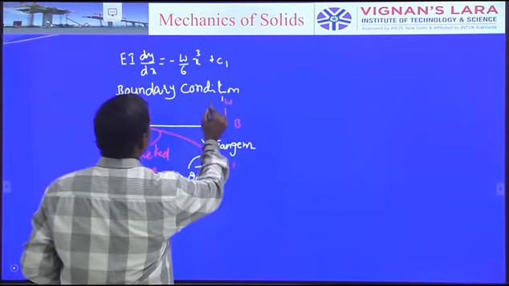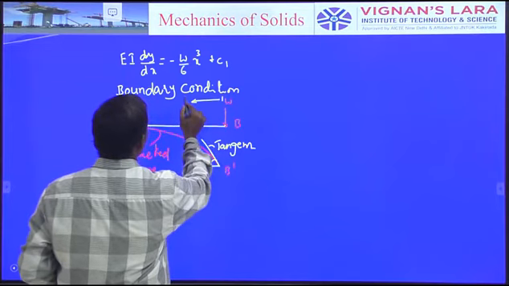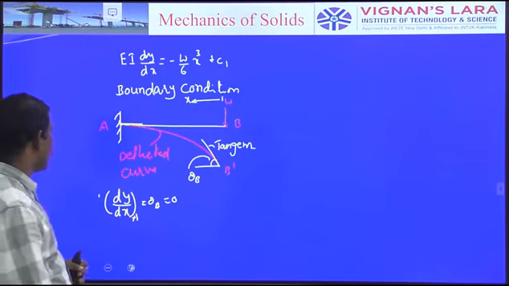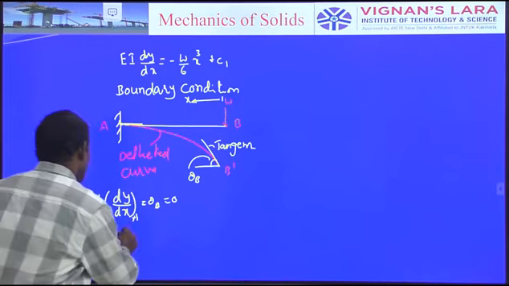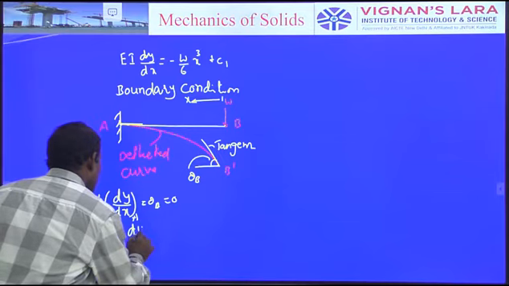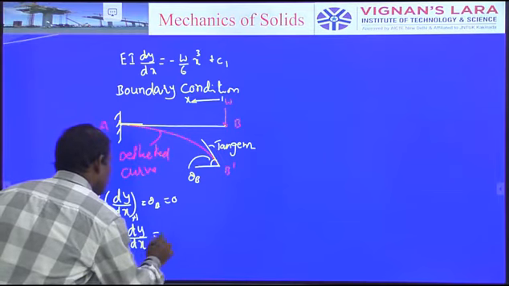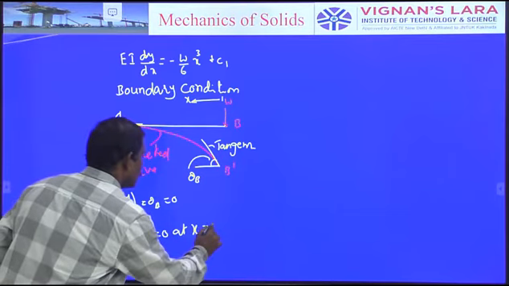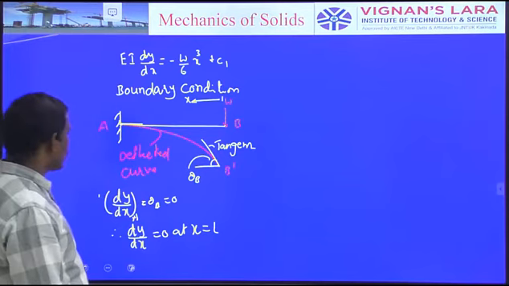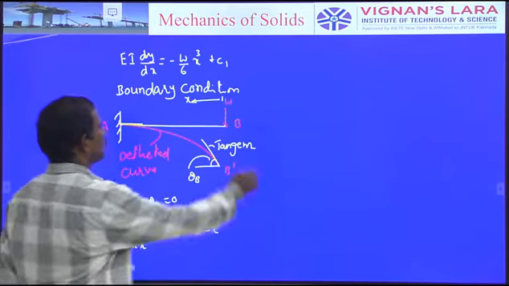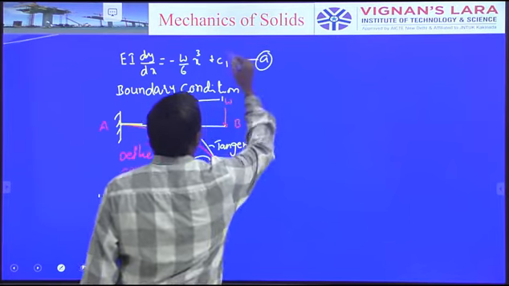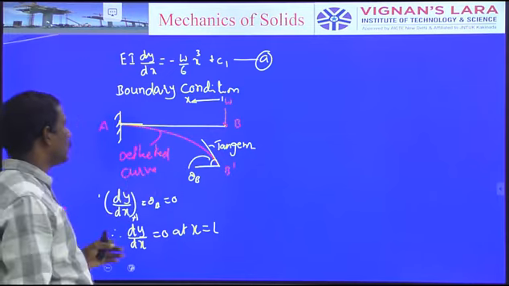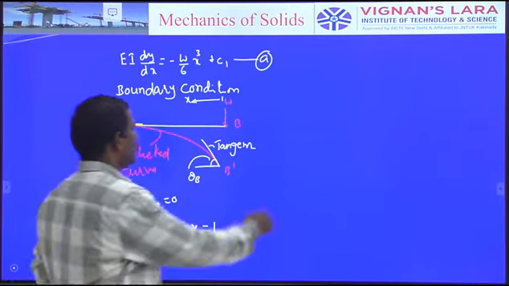As per the origin taken, at x equal to L, dy by dx is equal to 0. Simply substitute these two values in equation A, and we will get the C1 value.